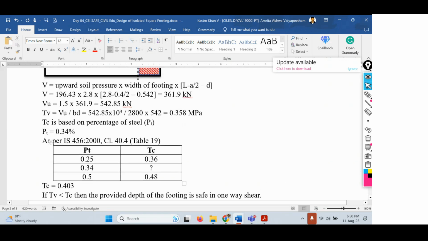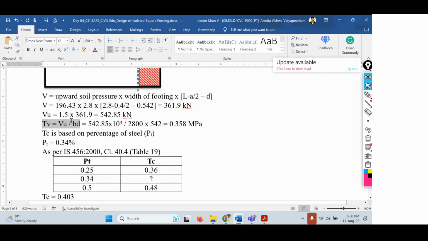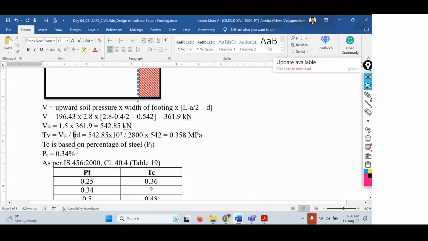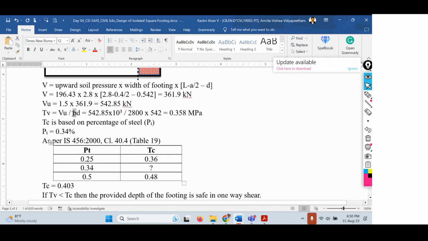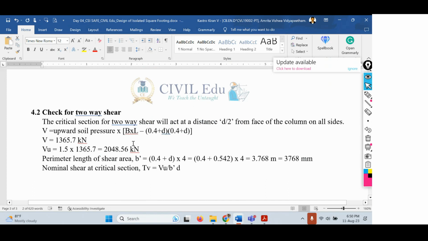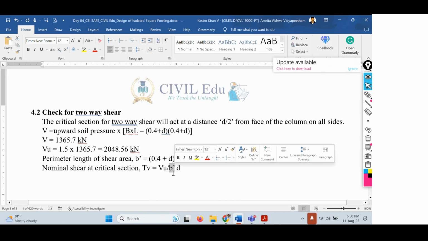But here, the B value changes based on one-way shear and two-way shear calculation. In one-way shear, B becomes the width or the length of the footing. But in two-way shear, B becomes B dash, which is the perimeter length.